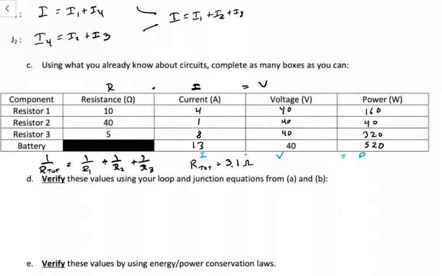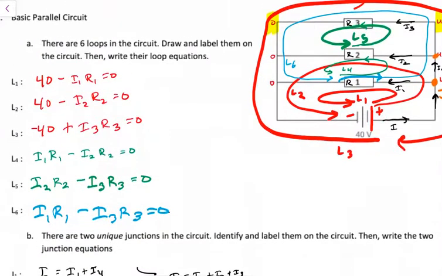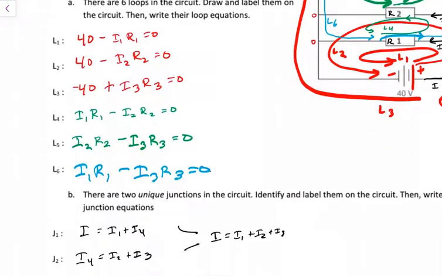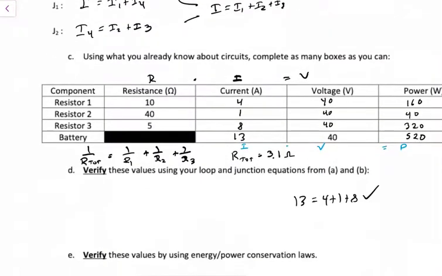So we need to verify these values using your loop and junction equations. So I might say that, okay, let's do our junction equation, and that is 13 is equal to 4 plus 1 plus 8. Yep, that's good. And I think we can recognize that V1 is equal to V2 is equal to V3 is equal to 40. And so we are recognizing that I1 R1 is equal to 40, I2 R2 is equal to 40, and I3 R3 is equal to 40.